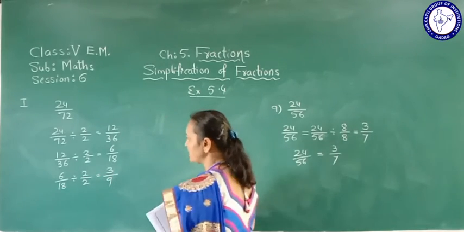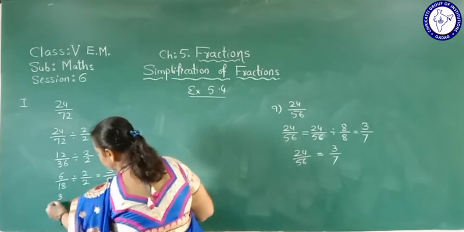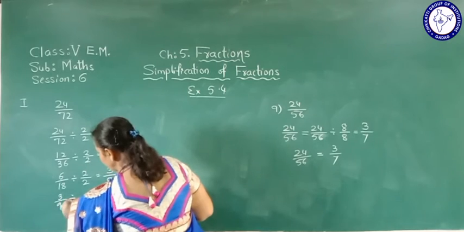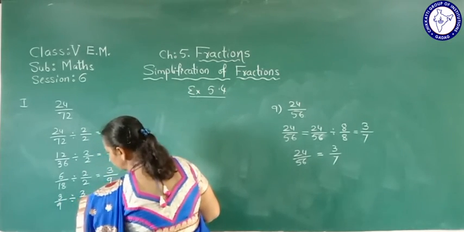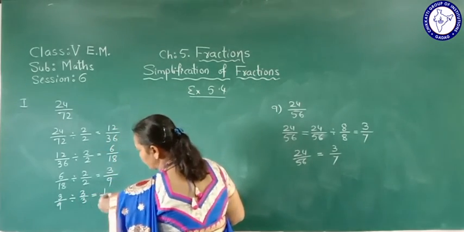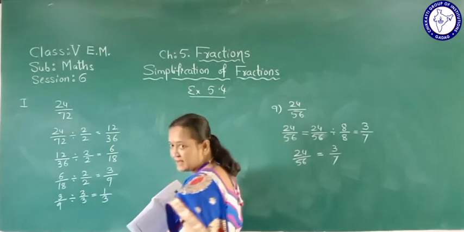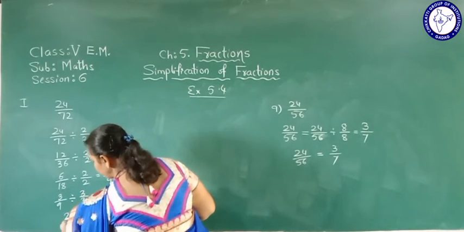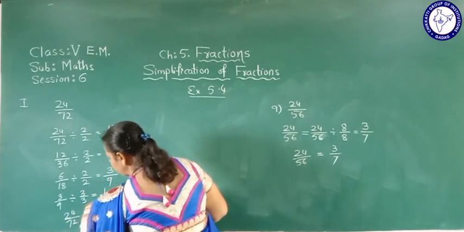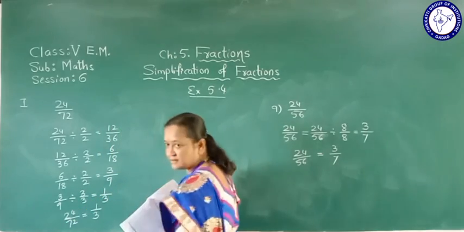Again 3 by 9, you can divide both numbers by 3, and 3 ones are 3, 3 3s are 9. So 24 by 72 you can write as 1 by 3.